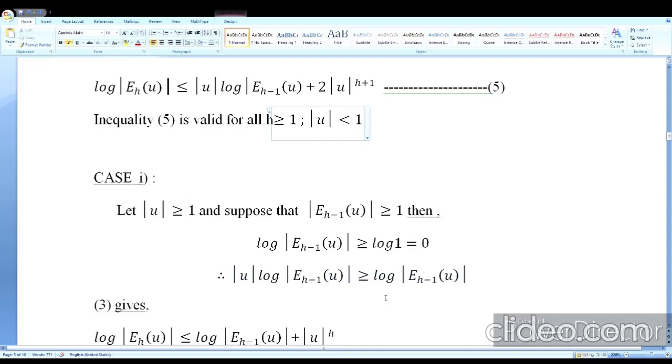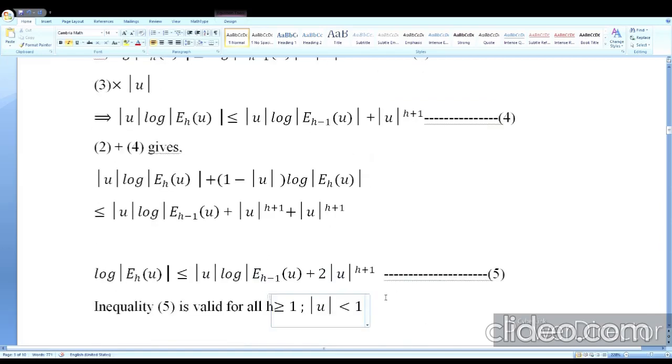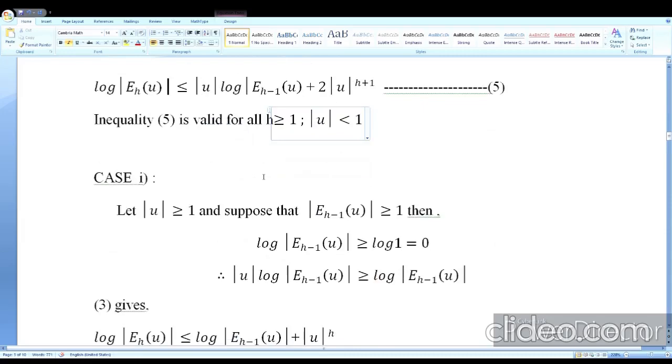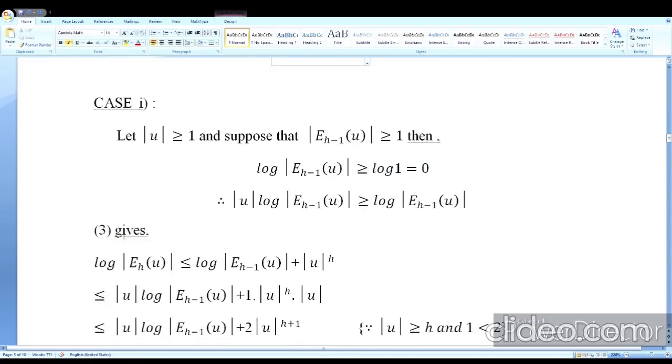And using inequality 3, we can write log modulus of E_h of u less than or equal to log modulus of E_(h minus 1) of u plus mod u power h, which is less than or equal to, using this, modulus of u into log E_(h minus 1) of u plus modulus of u power h into modulus of u, because modulus of u is greater than 1, we can use this.